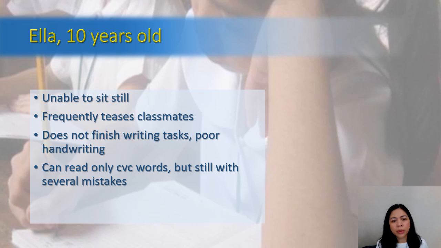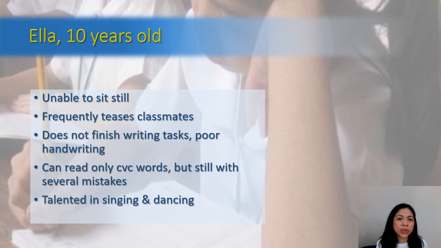She can read only CVC words, or consonant-vowel-consonant, three-letter words, but still has several mistakes. So this is quite remarkable for somebody who's already 10 years old. But she's very talented otherwise. She's very good in singing, dancing, and she seems to function normally at home.